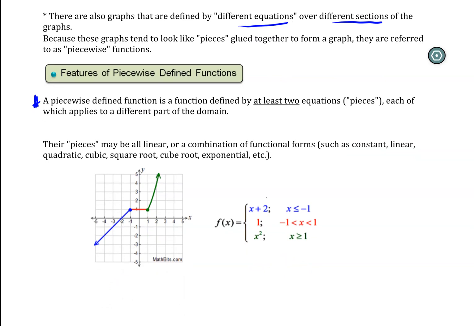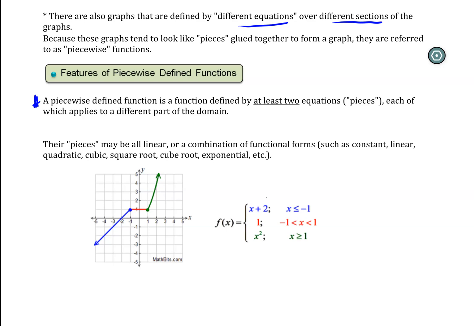If you look at this example right here, this piecewise function is created by three parts. The blue section here, the function here, f of x, is all of this together. If you think of each one as an individual, like y equals, this would be y equals x plus 2. That's your blue linear function here. Now, if I just graphed y equals x plus 2, it would just be this line that would continue on forever and ever as a straight linear function.